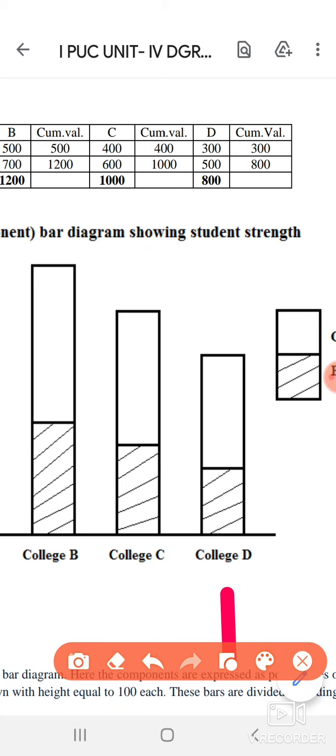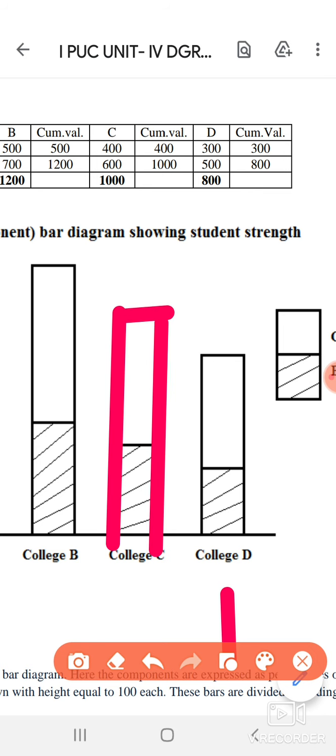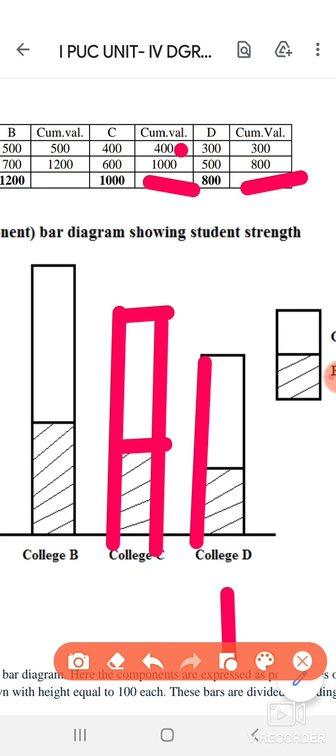Okay, for college C, draw the bar up to 1000. Then divide the bar for 400. Then for D, draw the bar up to 800. Then divide the bar for 300.